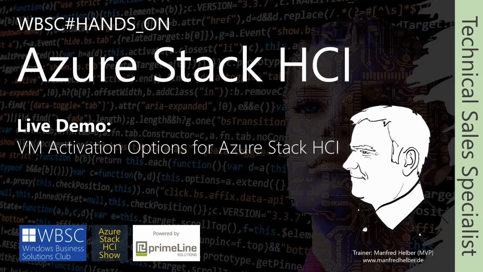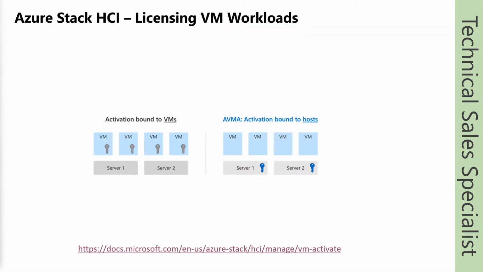This is great and gives you the full flexibility in choosing the optimized licensing form, the optimized licensing type for your workload. Because when we compare these two options, these two opportunities, the activation via the subscription is bound to the virtual machines.